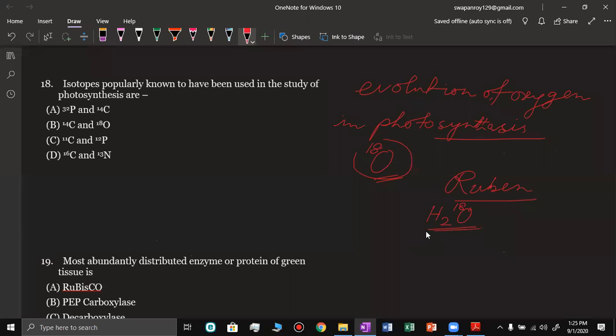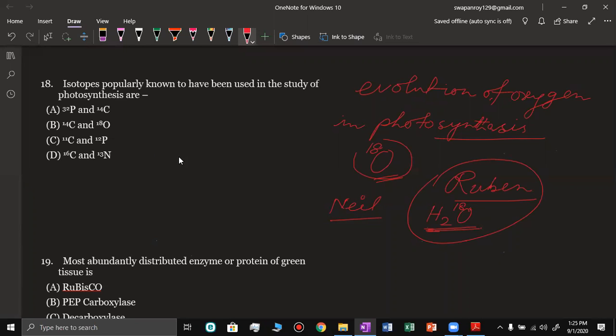Of course, this was initially proposed by Van Niel, but experimentally it was proved by Ruben and his associate.